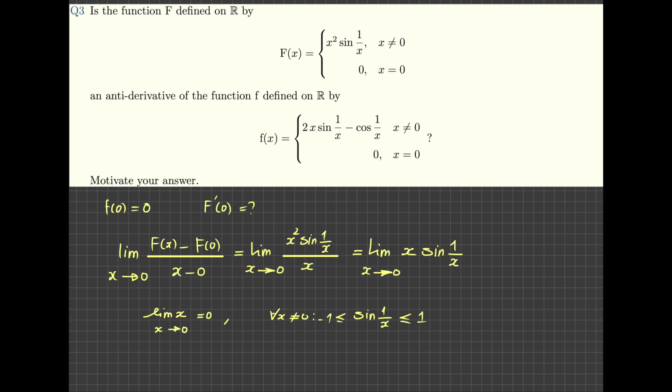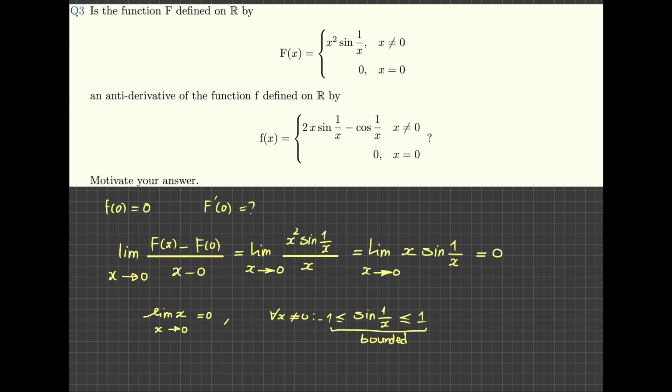Yes, so this function is bounded. The limit of the first function is 0, and there is a theorem, which is a consequence of the squeezing theorem in limits, that guarantees that this limit is 0. So this limit is indeed equal to 0.